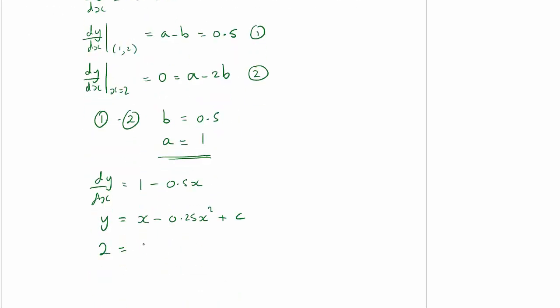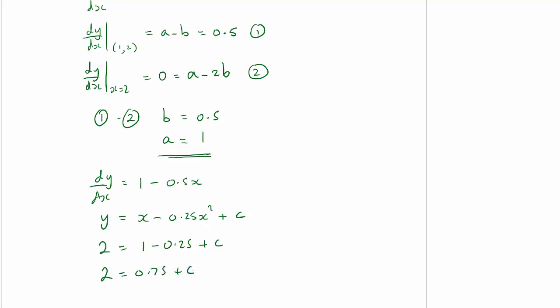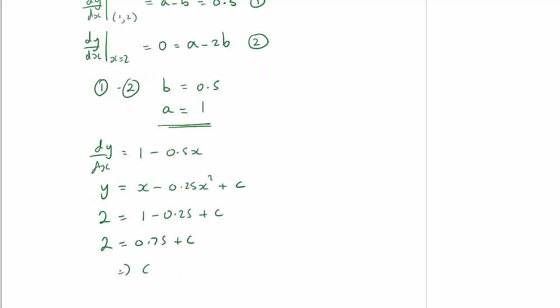So 2 is equal to 1, take away 0.25, add c. 2 is going to be 0.75, add c, which gives us that c is equal to 1.25. So we have y is x, take away 0.25x squared, add 1.25.